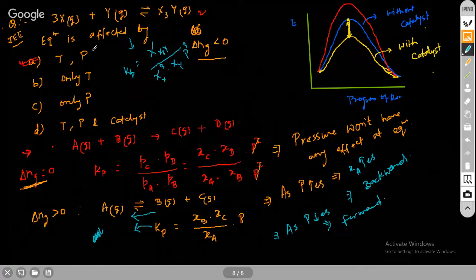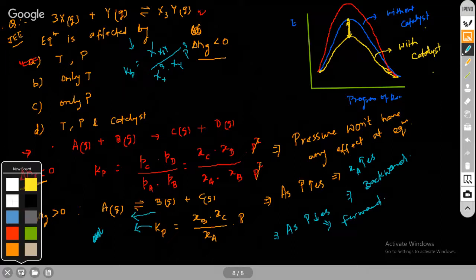One more thing, this question has also been asked in JEE. Next question I'm giving you. The reaction is A2 plus B2 gives 2AB, and for this the equilibrium constant is given, which is K, right?